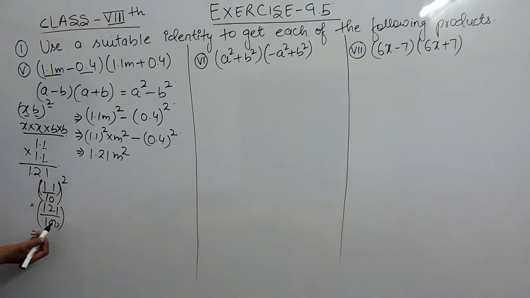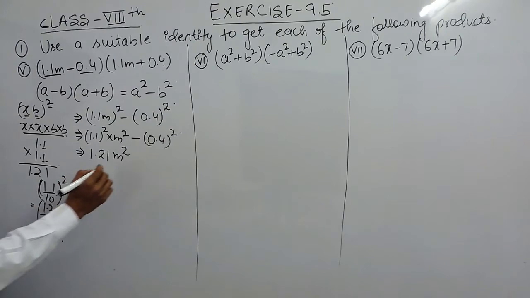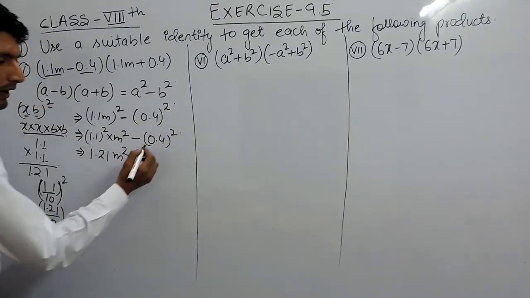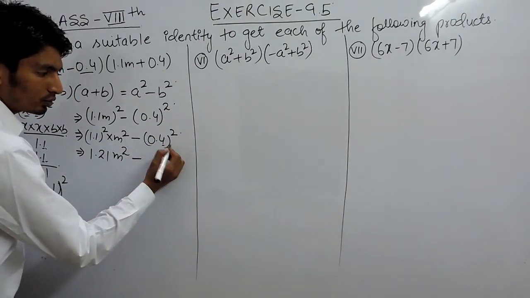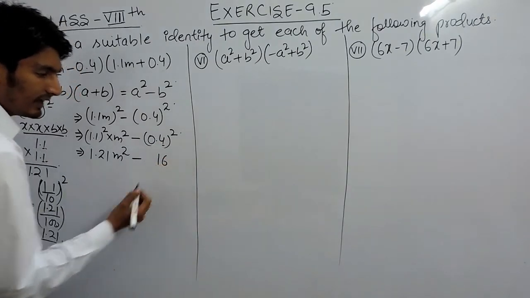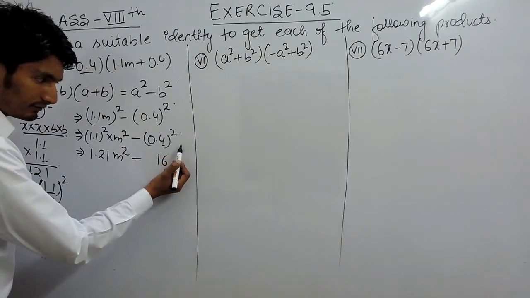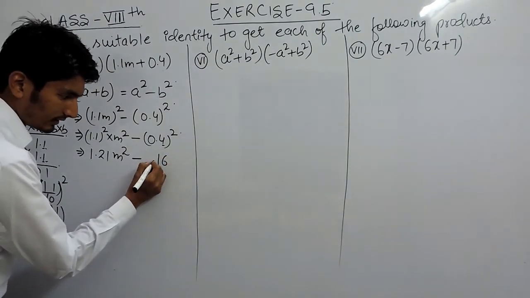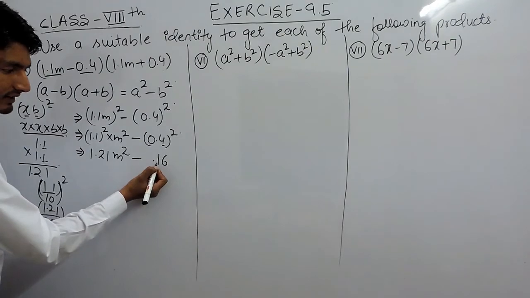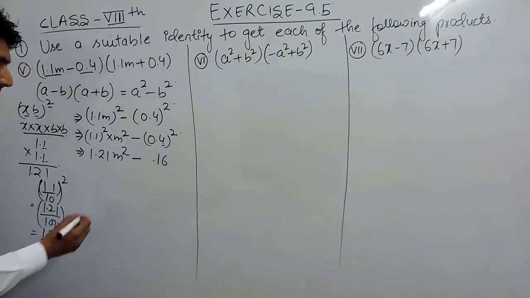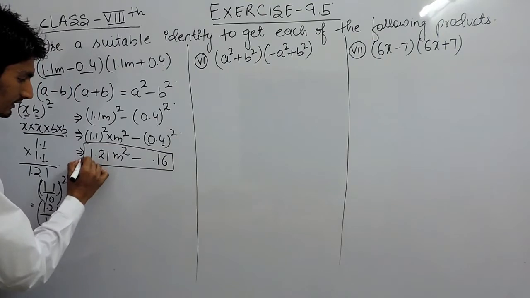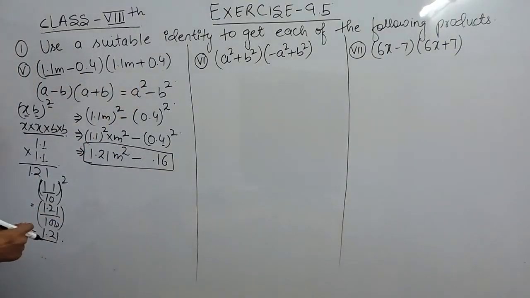Now if there are two zeros, we can count from the right and place a decimal here, so the answer would be the same. Similarly, if you want to square 0.4, 4 square is 16, and we count 2 decimals because this is 0.4 multiplied with 0.4. We count 2 decimals from the right hand side and place the decimal here. So this would be the answer for this question.